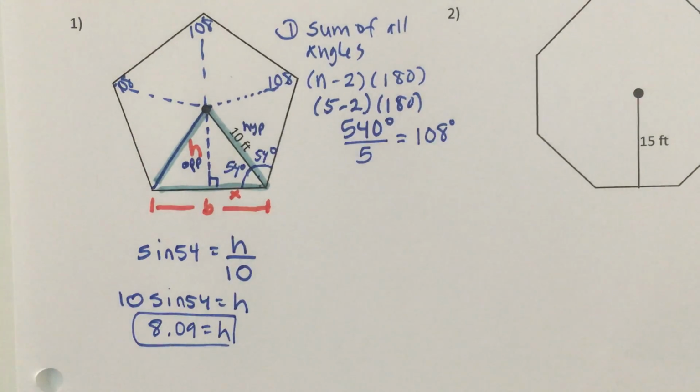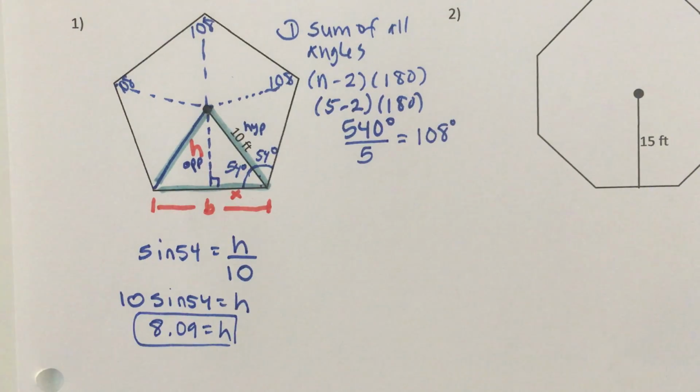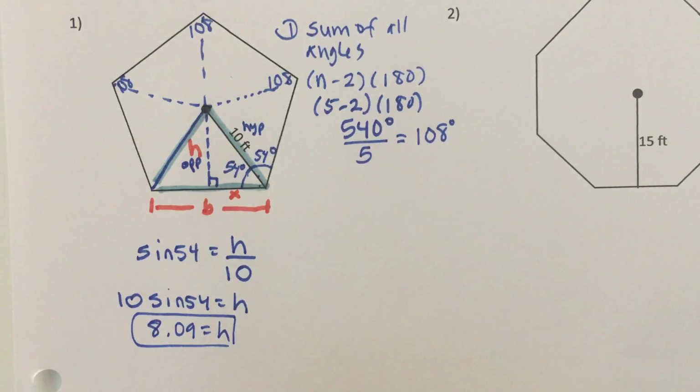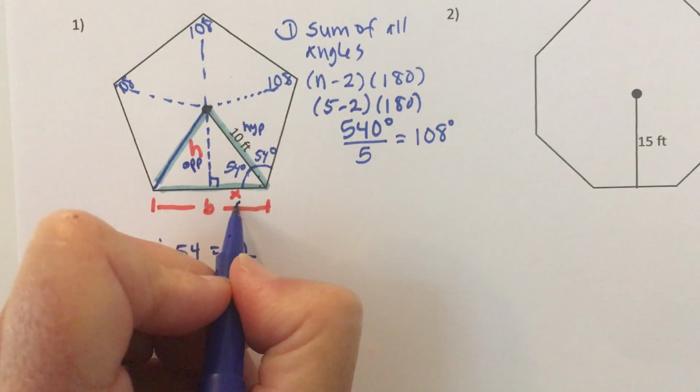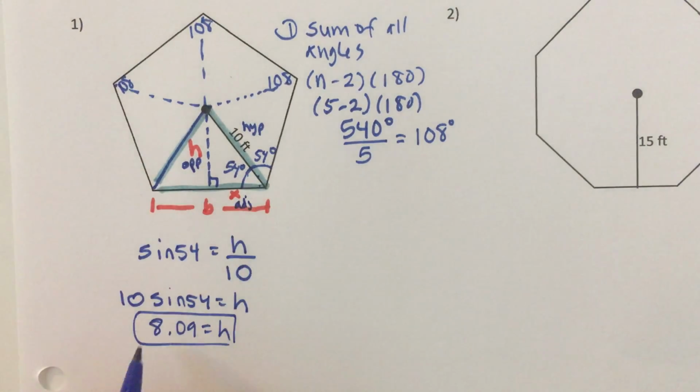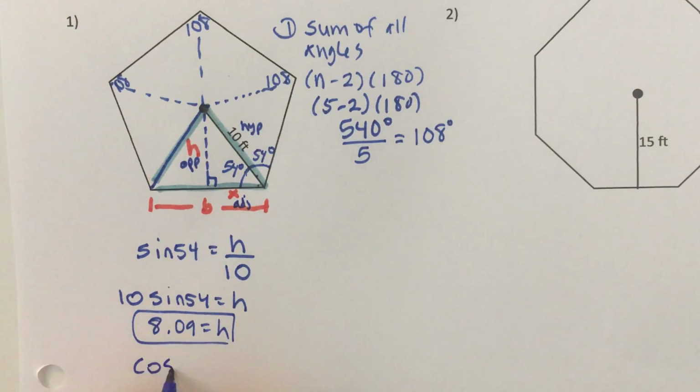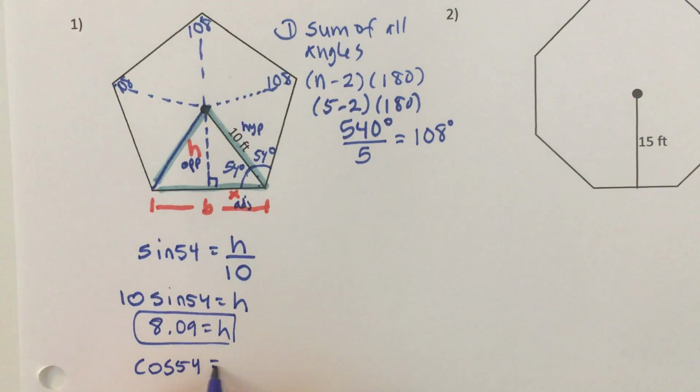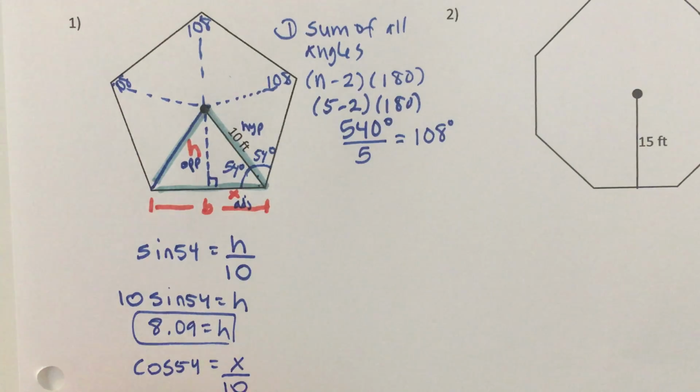But we also need the base. We can't find the whole base, but we can find half the base, which I called X right here. Of course, this is the adjacent side from the 54. So you're going to say cosine of 54 equals adjacent over hypotenuse. You're going to cross multiply.